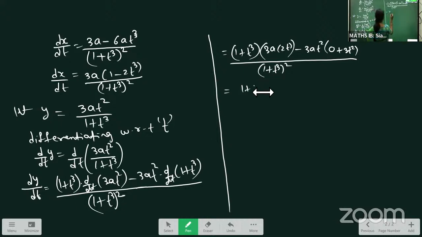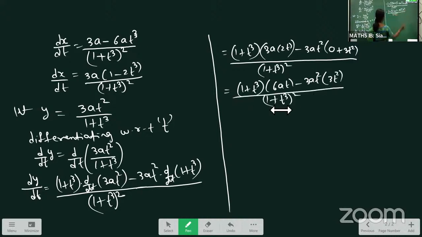So (1 plus t cube) into 6at minus 3at square into 3t square, divided by (1 plus t cube) whole square. Open up the bracket. 6at into 1 is 6at, plus 6at into t cube, 6at power 4, minus 9at power 4, divided by (1 plus t cube) whole square.